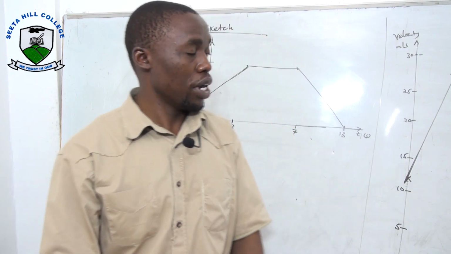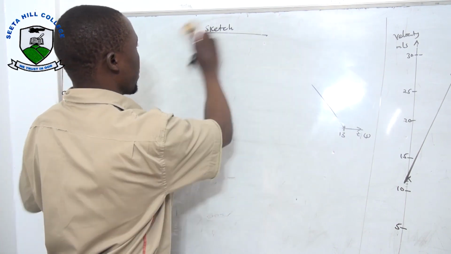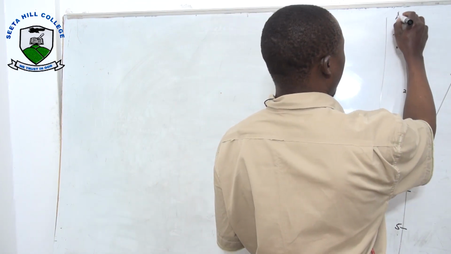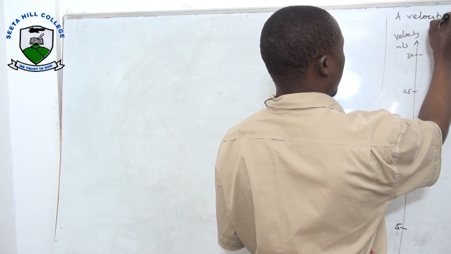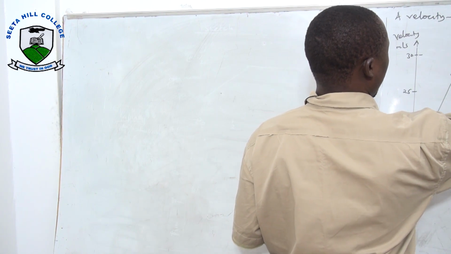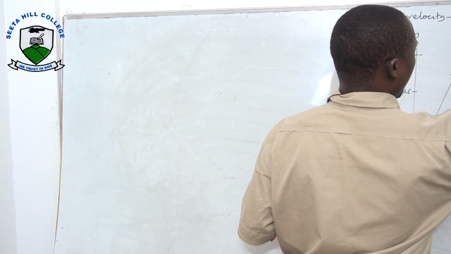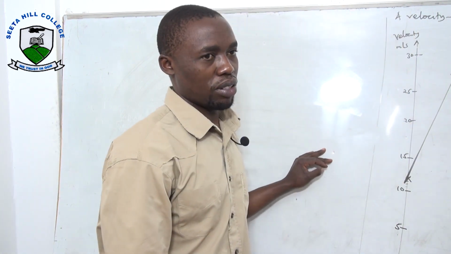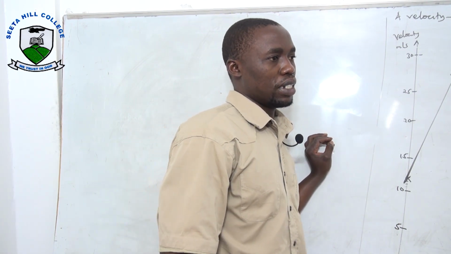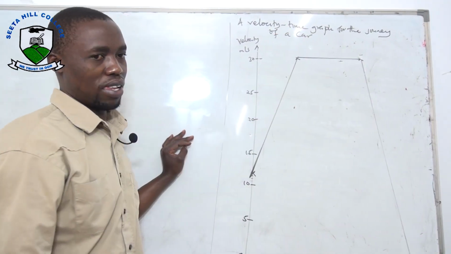Now let us try to answer the questions. A velocity time graph for the journey of a car.